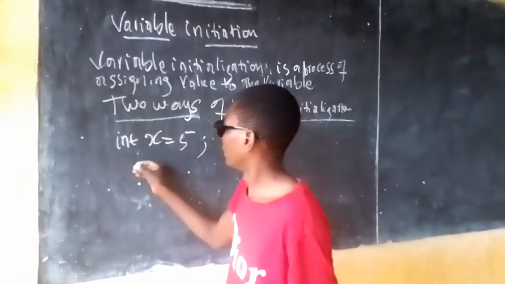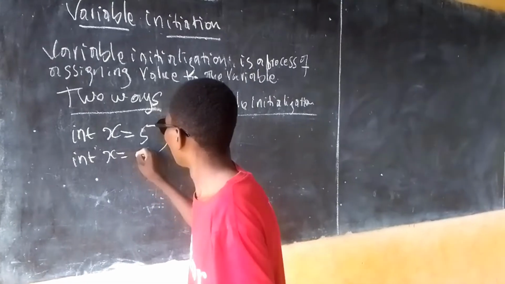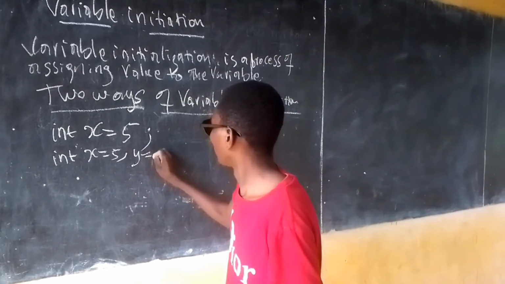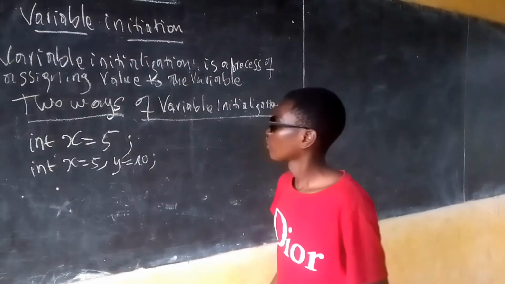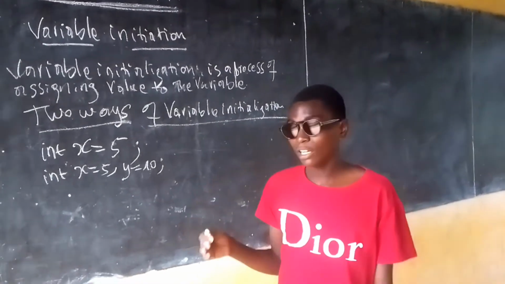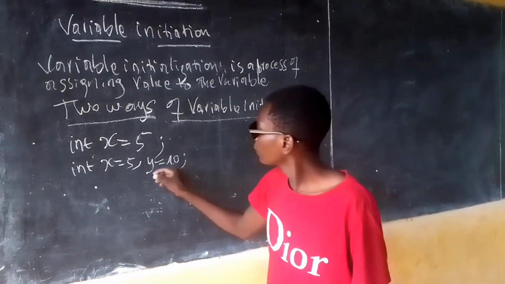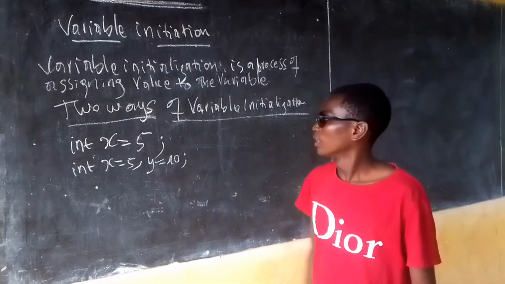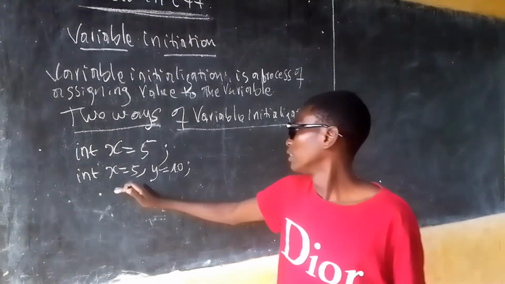Or another example, you can declare int x = 5, y = 10, then semicolon. This means you can declare two or more variables in one line, but you have to put a comma between the variable names. So also you can initialize the two variables in one line.